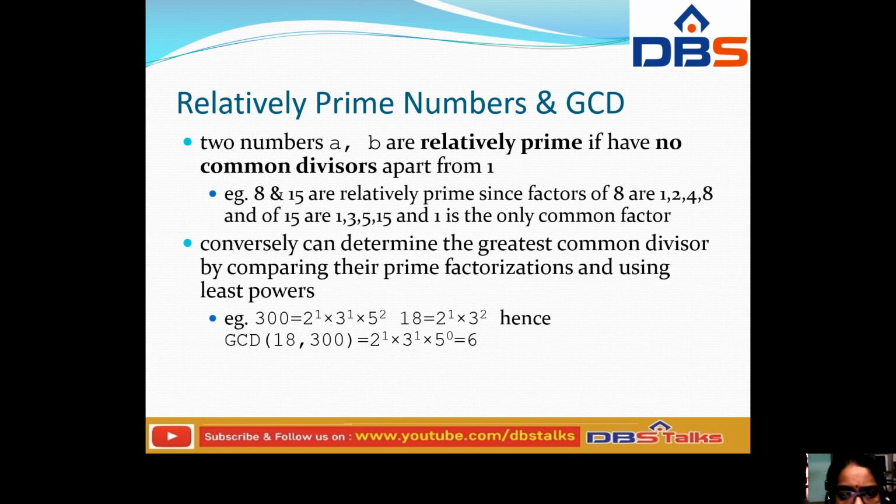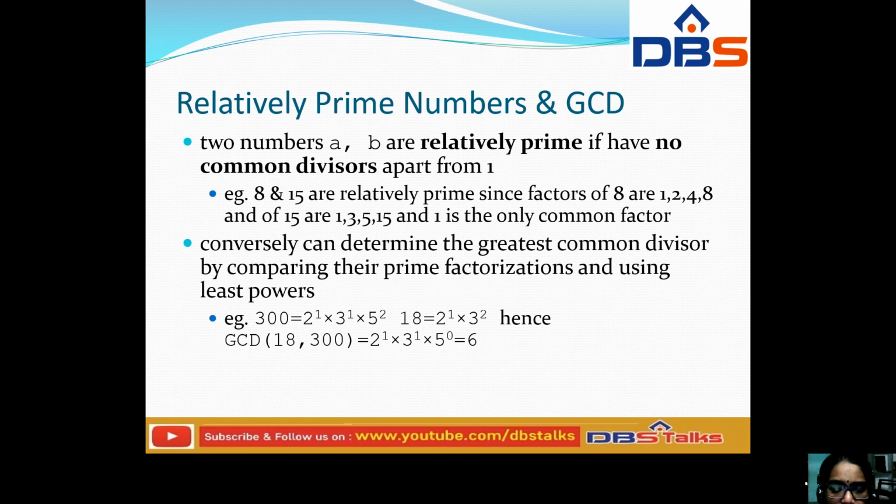And 15 is divisible by 1, 3, 5, 15. Here the common factor is only 1. Apart from 1, if there is more than one common divisor, those are not relatively prime. If the common factor is only 1, we say they are relatively prime.